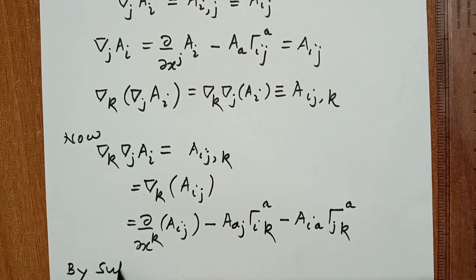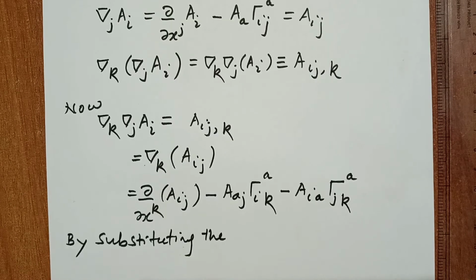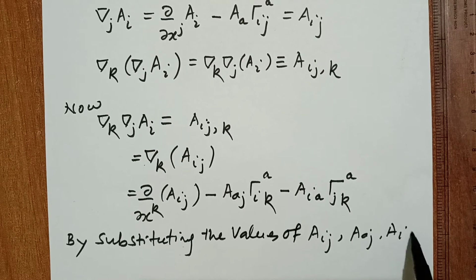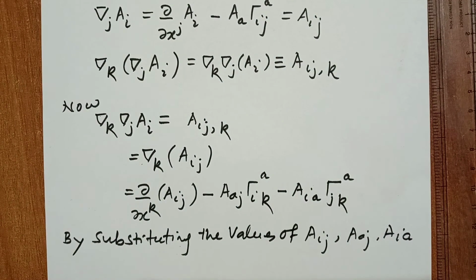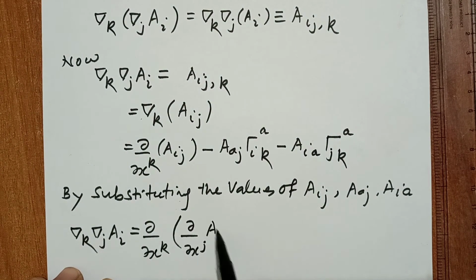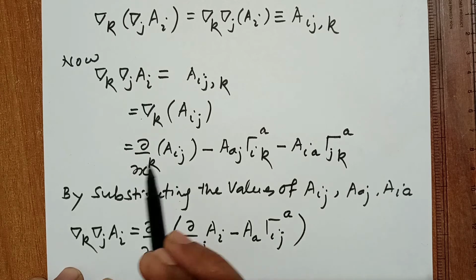By substituting the values of A_ij, A_aj and A_ia from this definition, we get delta_k delta_j A_i equal to del upon del x^k of A_ij, where A_ij is del A_i upon del x^j minus the Christoffel symbol times A_a. This is the first term.